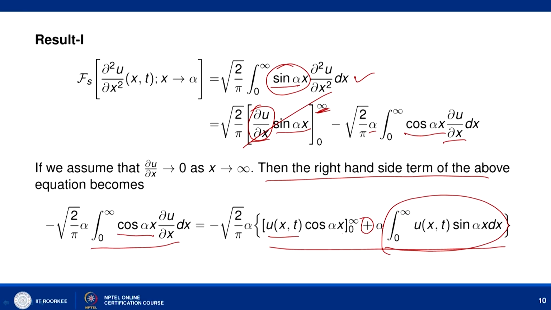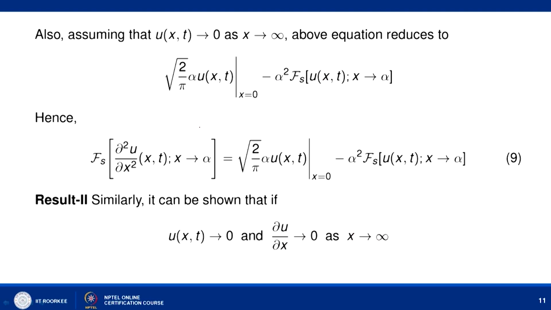Again since we have assumed that u is tending to 0 as x tends to infinity, at this point the term is 0. So the only thing remaining is at x equal to 0, the value u(x,t) cos of αx. So this boundary value at x equal to 0 is now given by this.